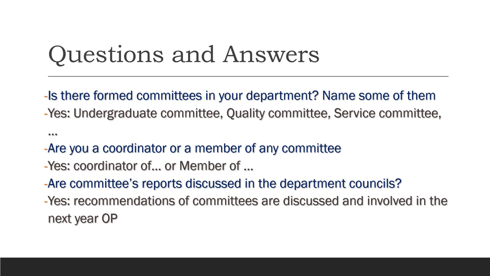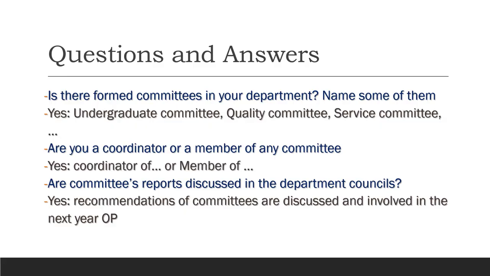Are committee reports discussed in the department councils? As you know, all committees should write their annual reports by the end of every year. In these reports, of course, they contain the achieved and not achieved activities based on the operational plan. After that, recommendations are written.